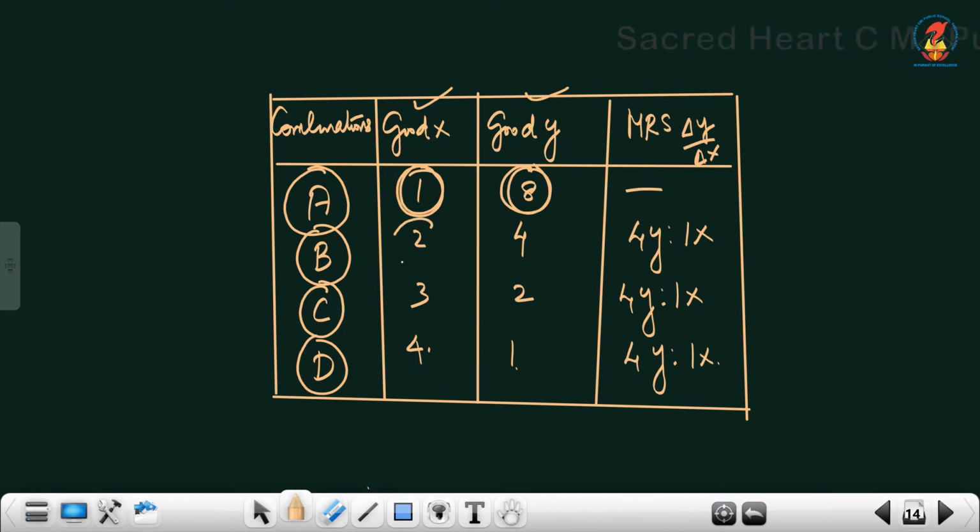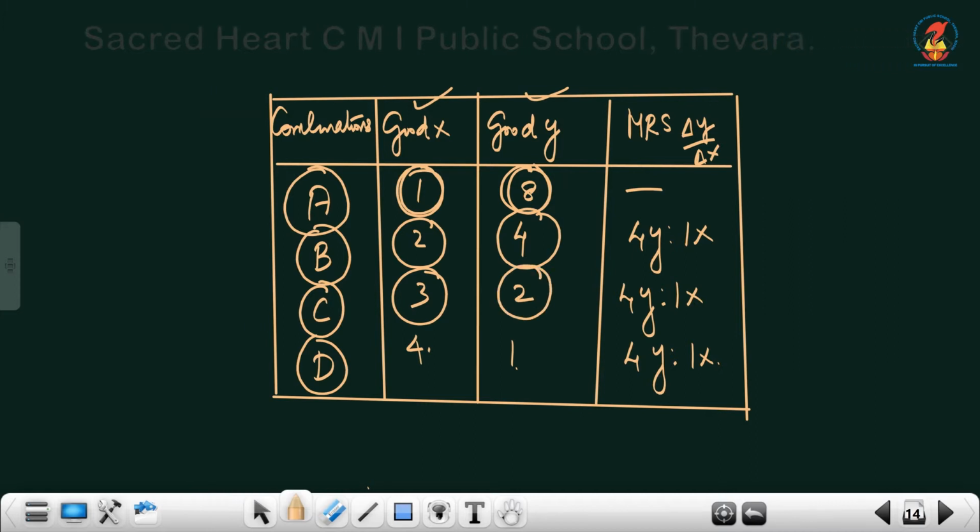Next combination you can find good X as 2 units, good Y as 4 units. Next combination you can find good X as 3 units, good Y as 2 units. Next combination good X as 4 units and good Y as 1 unit. Now you can find here good X as 1 unit and good Y as 8 units with the first combination.